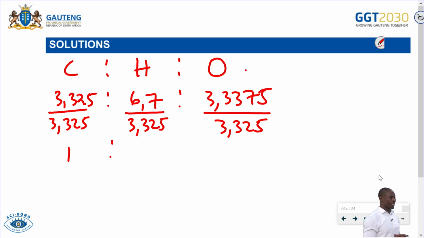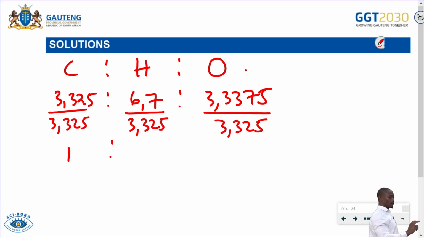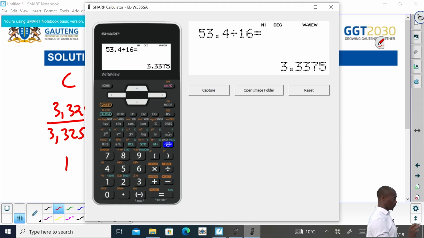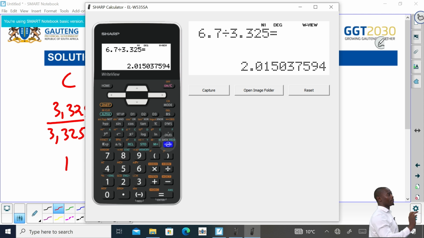Let's check this one, 6.7. 6.7 divided by 3.325. So here it's 2.01. So 2.01 to the nearest whole number is 2.